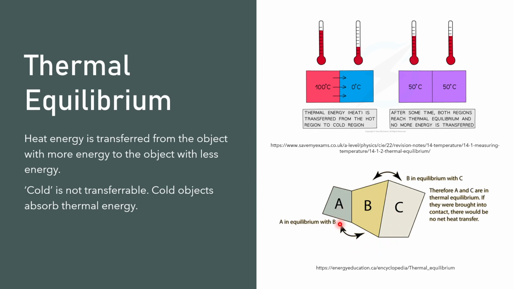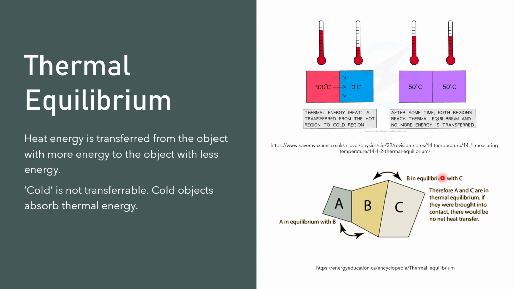That would also mean that A and C are in thermal equilibrium as well. And this is a way that you can ensure that two objects are in thermal equilibrium without actually having them in contact with each other. In other words, having a middle medium which is able to synchronize the temperatures of A and C and ensure that there is thermal equilibrium between all of the substances.